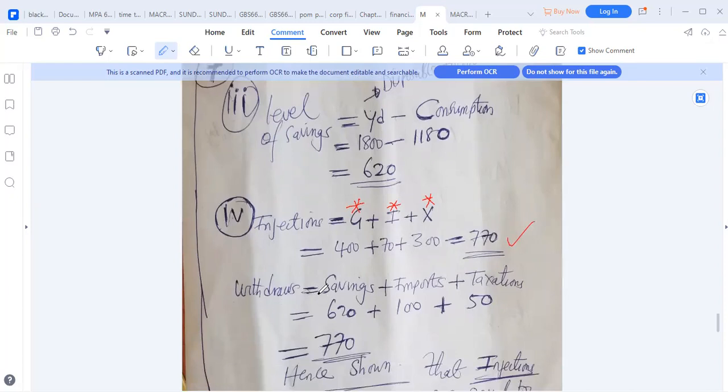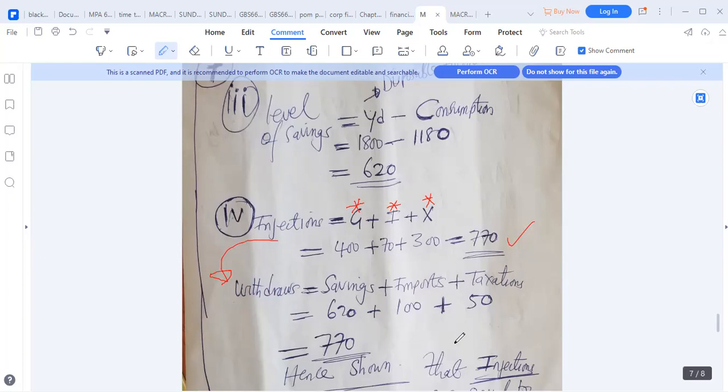Then the withdrawals, they should be equal to the injections. Savings is part of the withdrawals. Then we also have the imports and then taxation. So when we add the savings, which is the 620, plus the 100, then plus the 50, we are getting the 770.